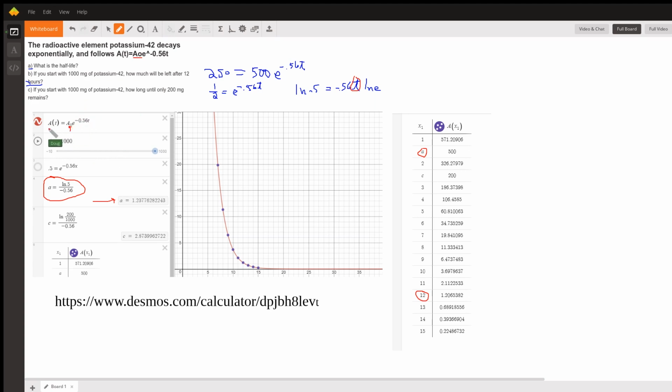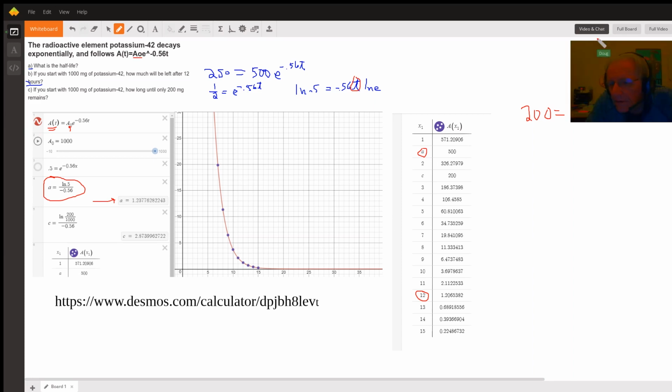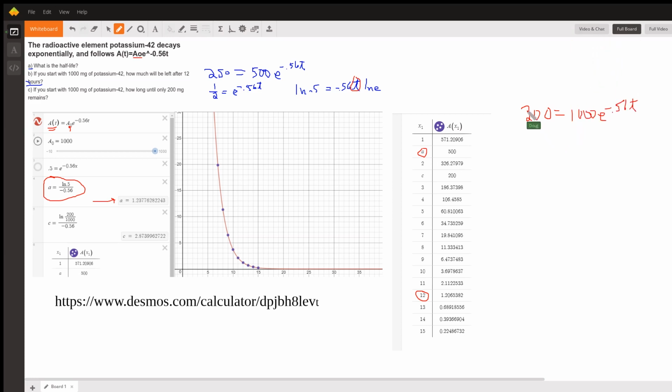I want to know when is the function value equal to 200. So I'd have an equation that looks like this. 200 equals 1,000 e to the negative 0.56t. I'm afraid I covered that up.